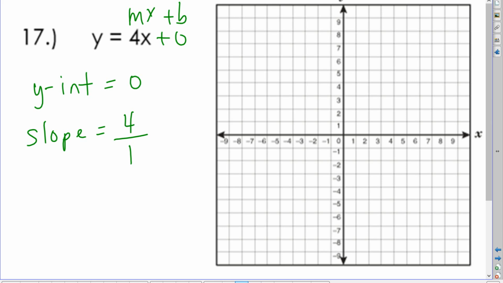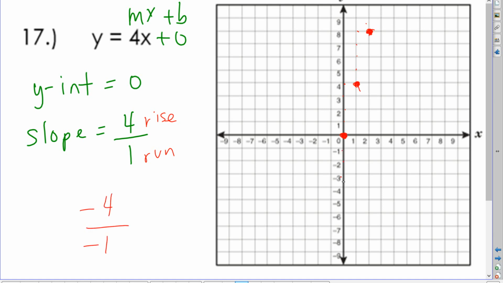So this time we're going to start at 0, and we're going to rise 4, and we're going to run positive 1. Rise 4, 1, 2, 3, 4, run 1. If you'd like to make more points, you just reverse both of the signs. So I can have a negative 4 and a negative 1.